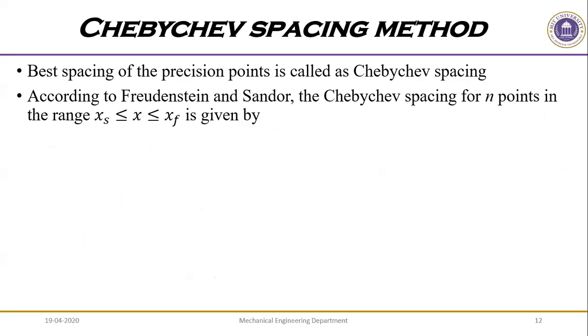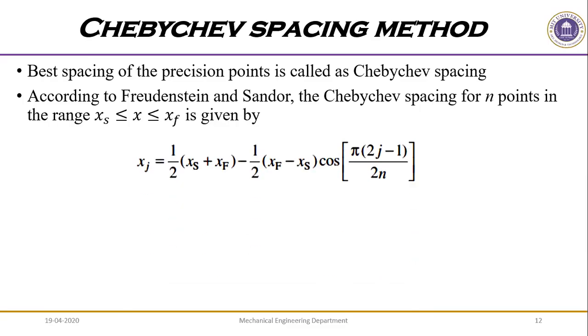According to Freudenstein and Sender, the Chebyshev spacing for endpoints in the range xs less than x less than xf, that is nothing but the final point, is given by the equation xj equals 1/2 (xs plus xf) minus 1/2 (xf minus xs) cos of (pi (2j minus 1) upon 2n). In this case, this is xj.